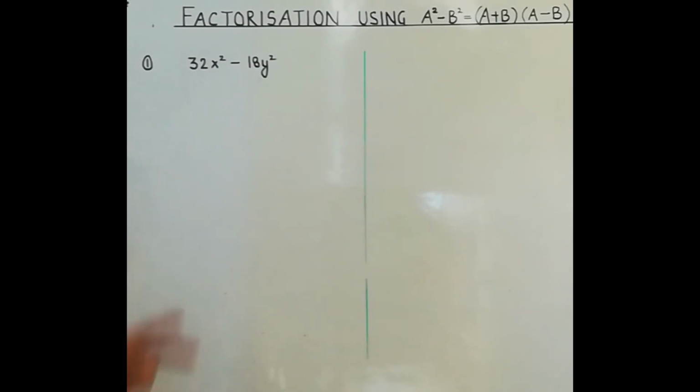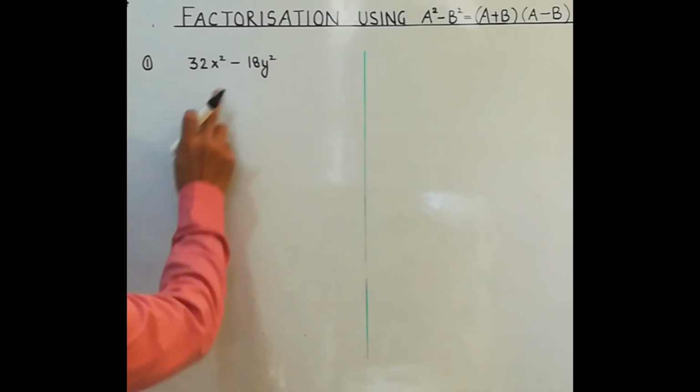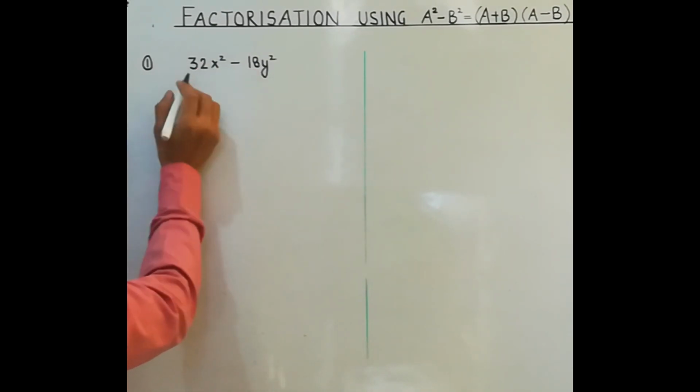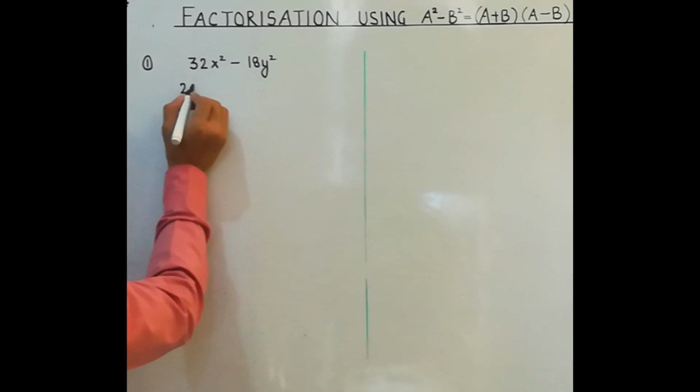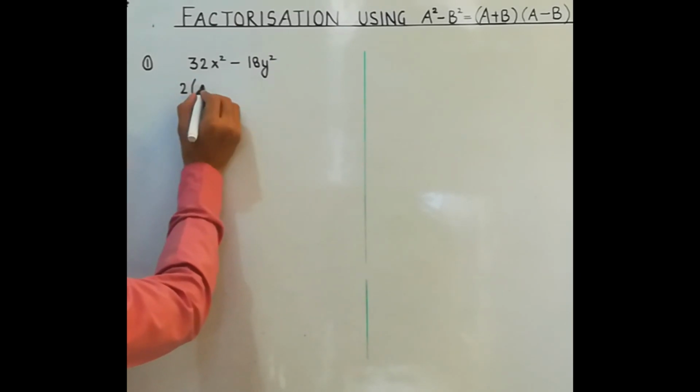Now suppose you are given a question in which you have only two terms and you are asked to factorize it. We know that in factorization the basic step is to take common. So first of all we will see if we could take any number common. You can see you can take 2 common.